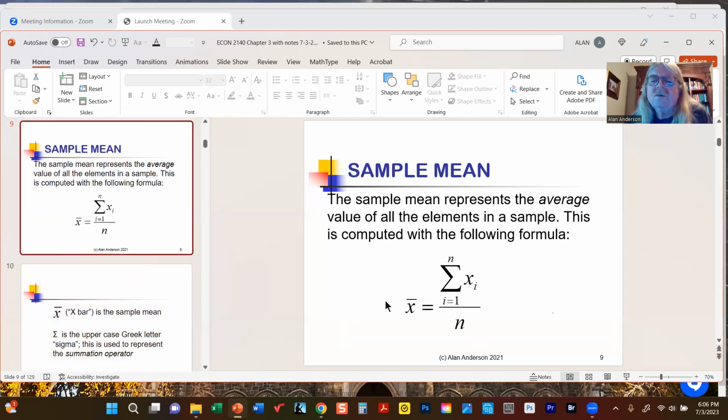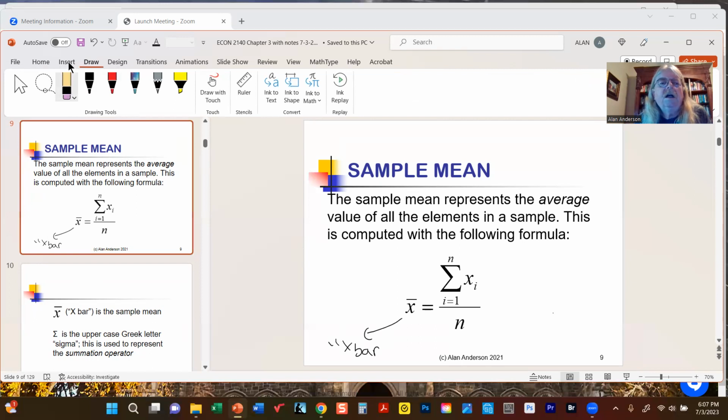And so what we want to know is, what exactly is this equation telling us? All right, well, let's take a look at it one piece at a time. This first part is called x bar, and it is used to represent the sample mean.